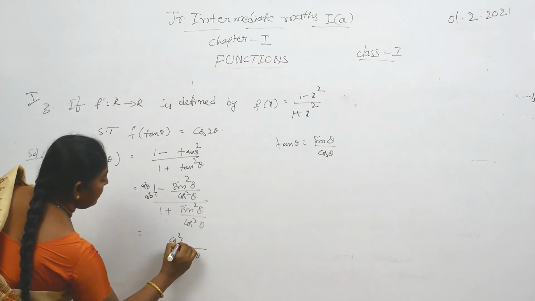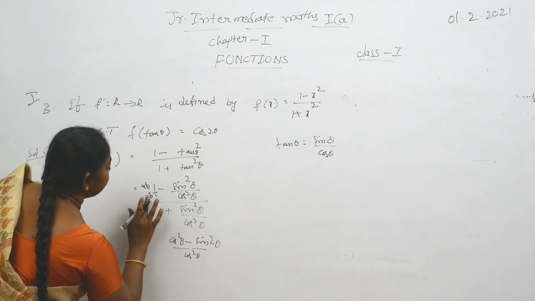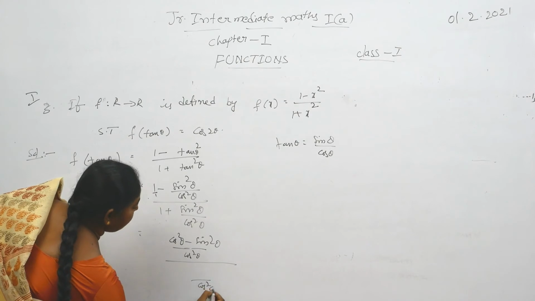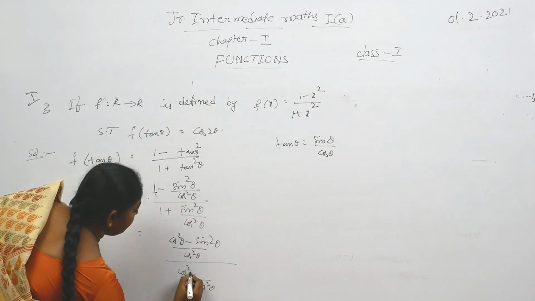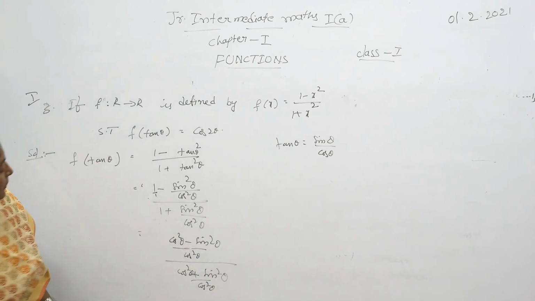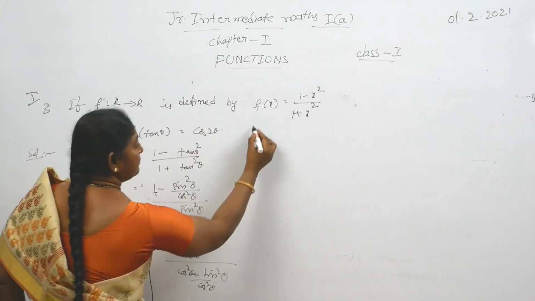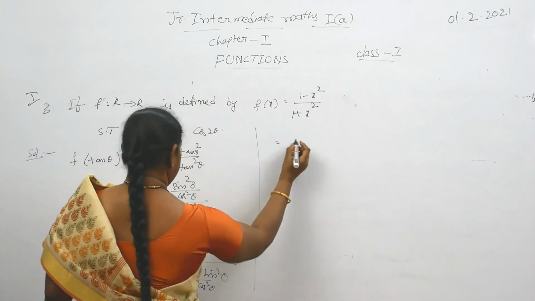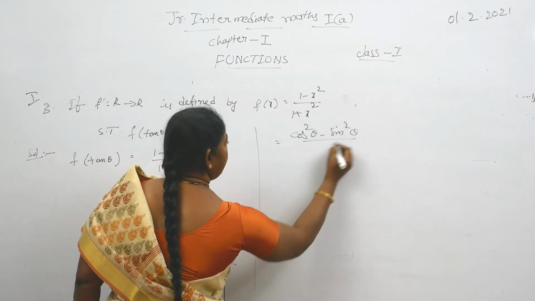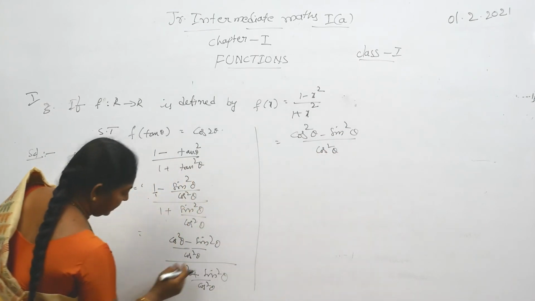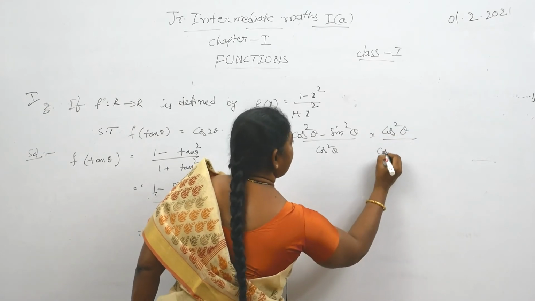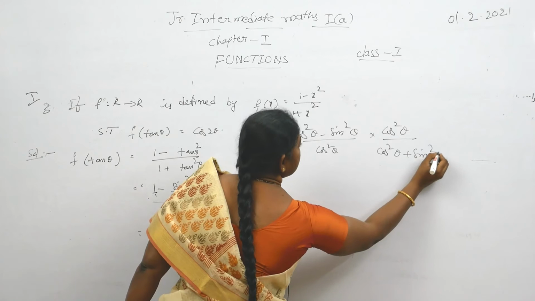So cos square theta minus sin square theta by cos squared theta, by cos squared theta plus sin squared theta by cos squared theta. Taking reciprocal, this one, we can get cos squared theta minus sin squared theta by cos squared theta times cos squared theta by cos squared theta plus sin squared theta.